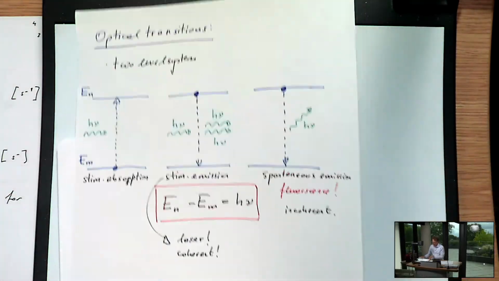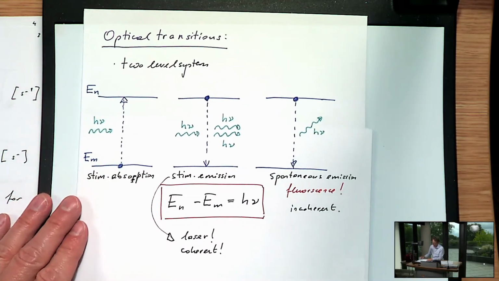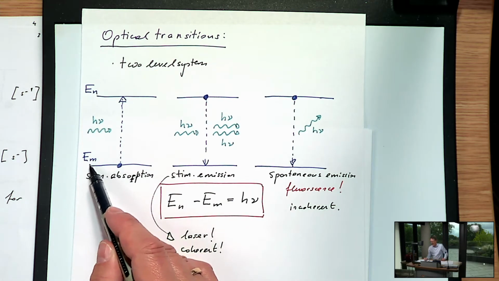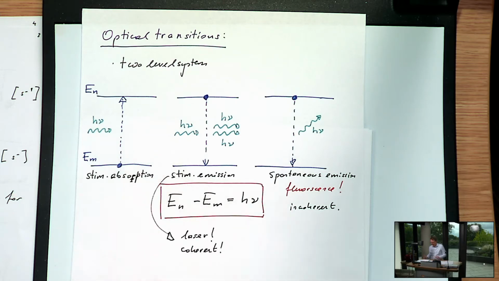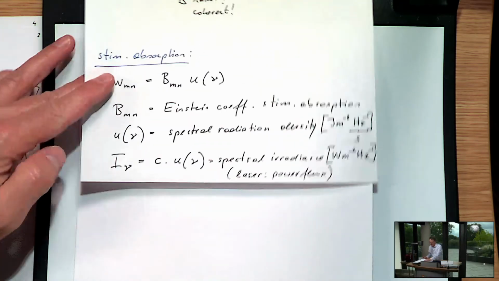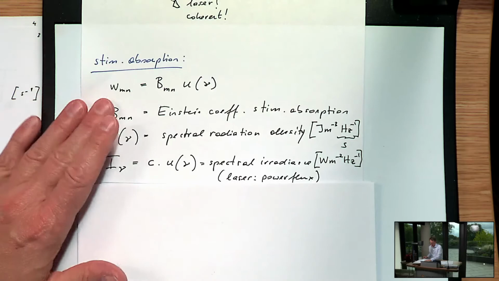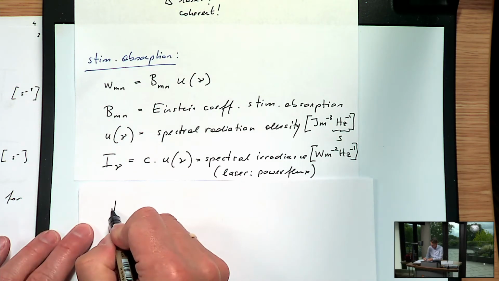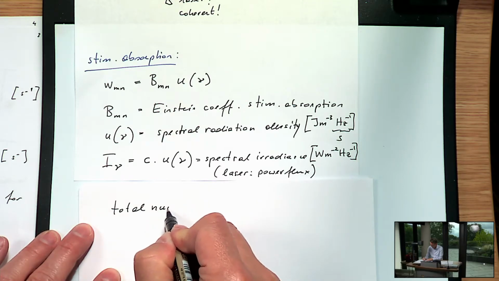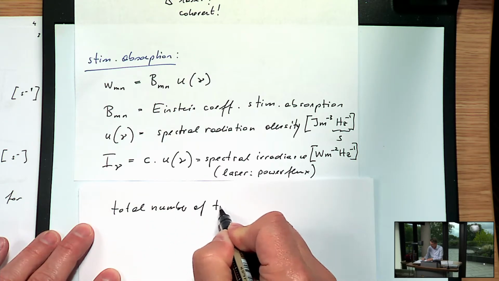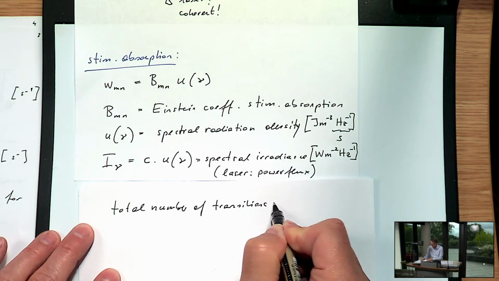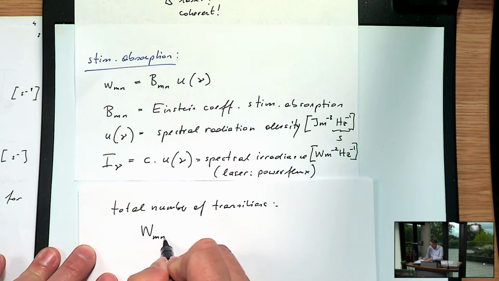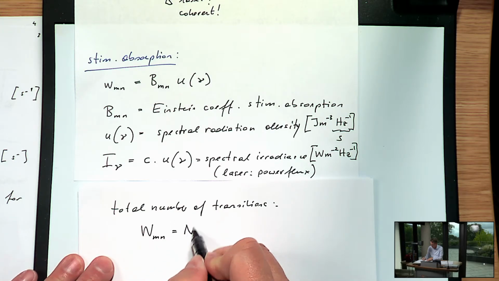But of course, if I have an ensemble of N molecules, of which Nm are in the lower state, then the total number of transitions will be given by W_mn, that's to denote a rate.